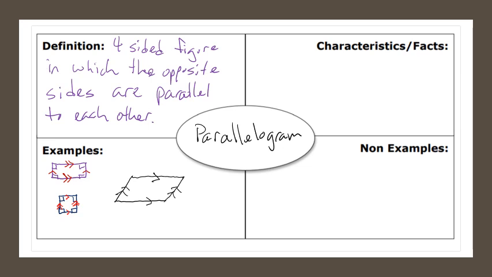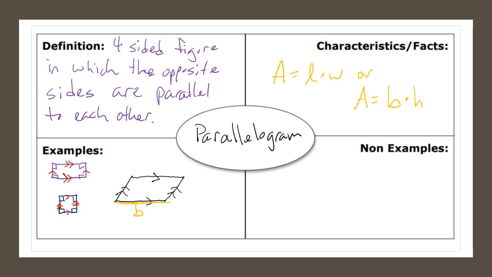For characteristics, we're just going to focus on the area calculation. Area is equal to length times width, or another way to write that is area is equal to base times height. Going back to our generic parallelogram, to find the base, that is this side right here.